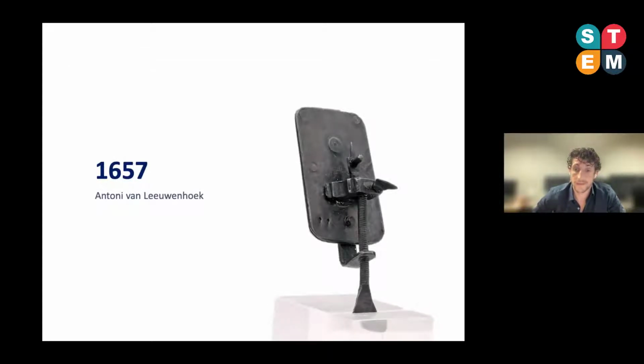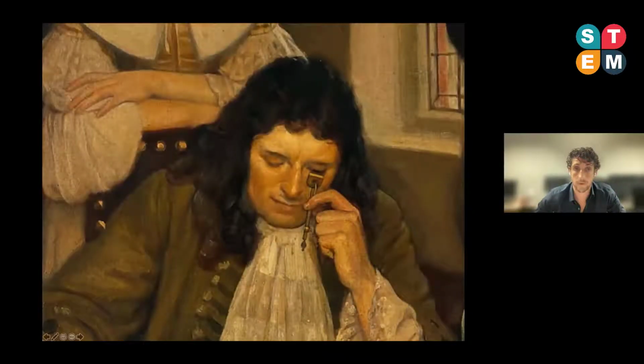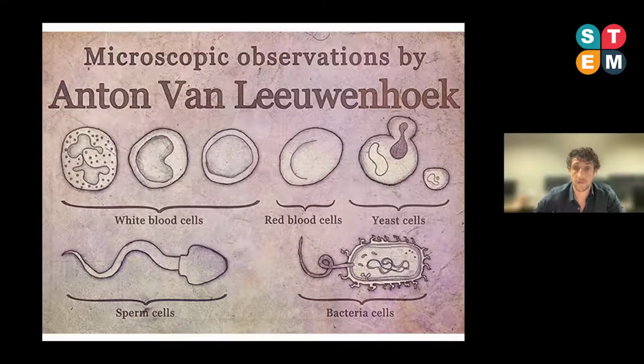I work in the Netherlands Cancer Institute, and it's also called the Antonie van Leeuwenhoek Hospital. He was a very famous Dutch scientist who made really good lenses, so he could make a very good microscope. And when he looked through the microscope, a whole new world opened for him, and he made some really interesting discoveries.